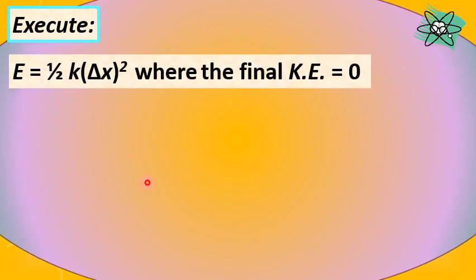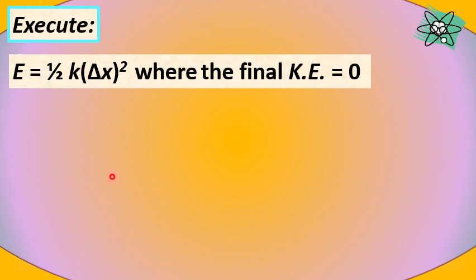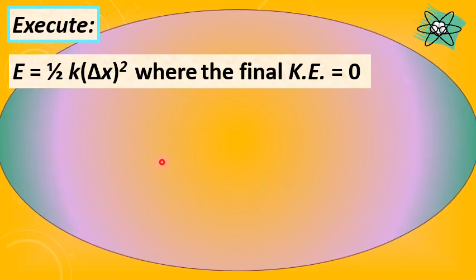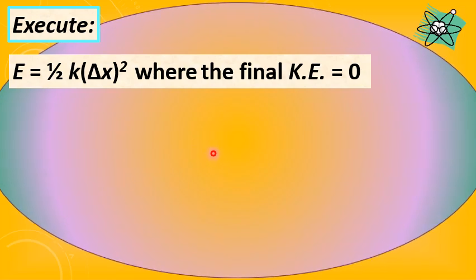I pointed out earlier that when the glider momentarily comes to rest, all of its mechanical energy is in the form of elastic potential energy, since the final kinetic energy is zero.